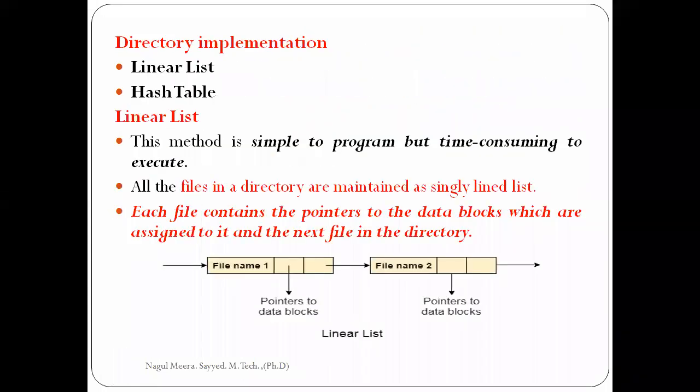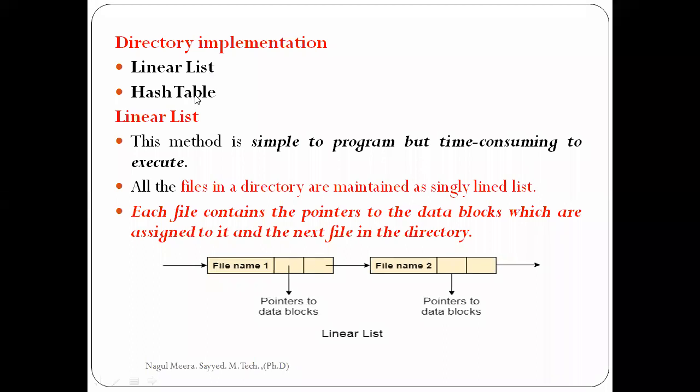Now, this is about our directory implementation. That is the linear list. The next one is the hash table. Can I compare it with the linear list? The hash table is very easy to search. But in implementation, linear is very easy to implement, while hash is very difficult to implement.